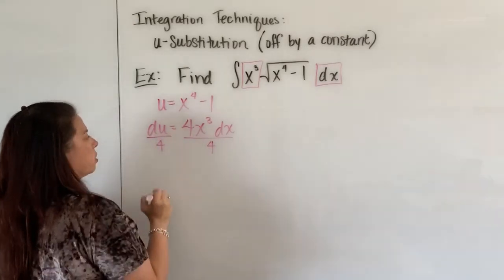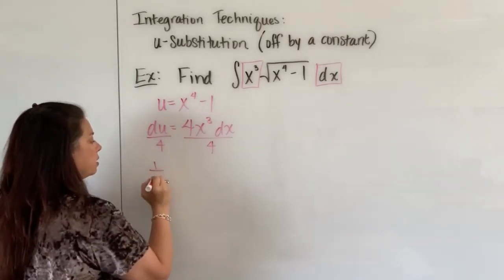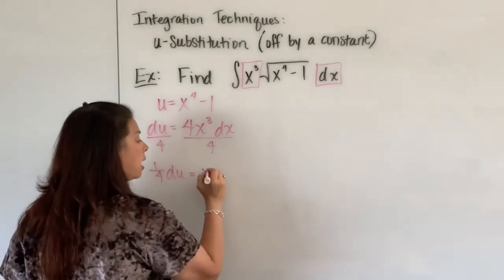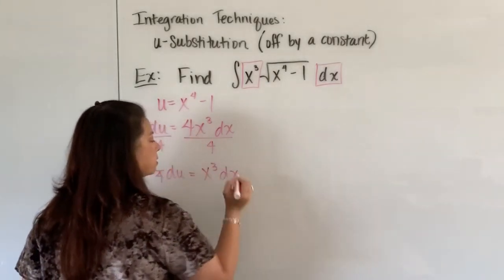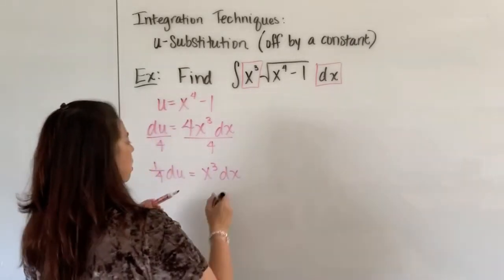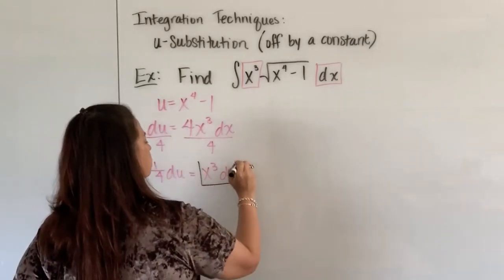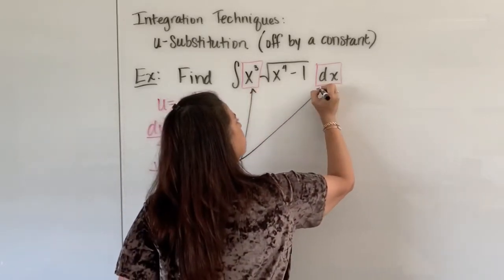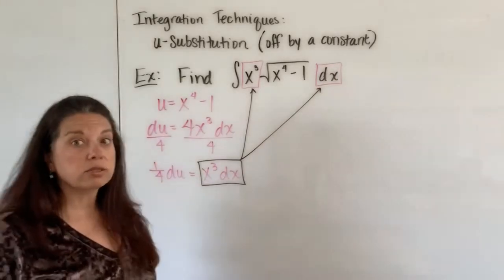And in doing so, on the left side, let's write this as 1/4 du is now equal to just x cubed dx. Now I have a straight up exchange here for my x cubed dx that will be put in the place of the x cubed dx over here.